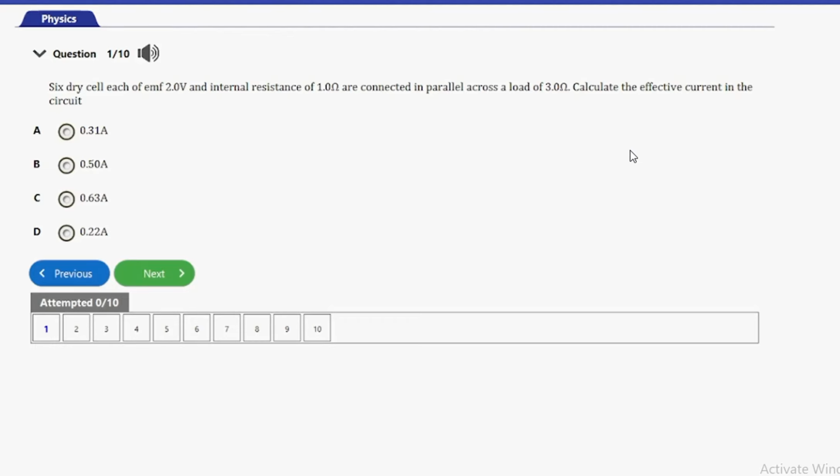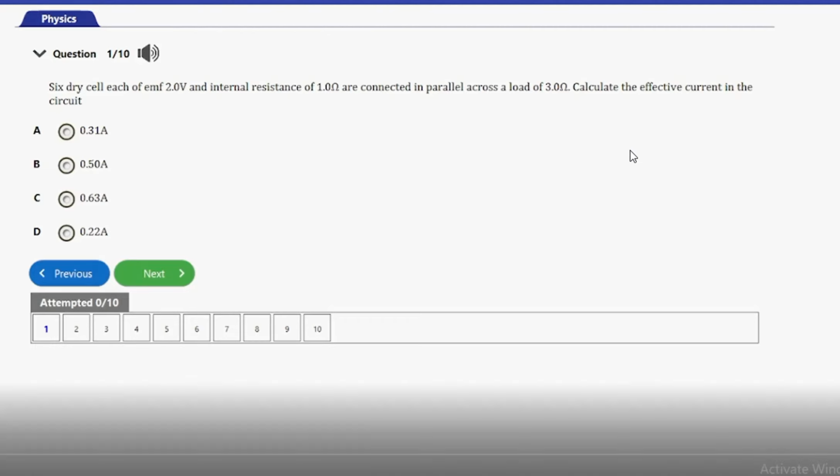So guys, in order for us to calculate the effective current in this circuit, we have to recall that E is equal to I into (R plus r).